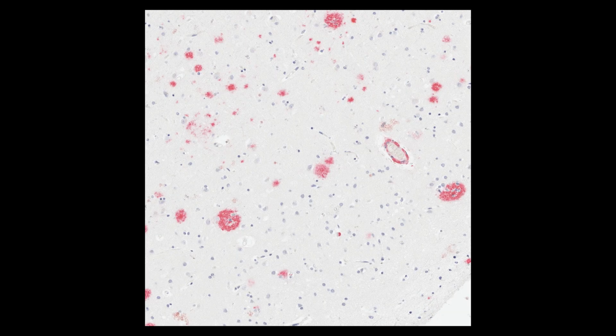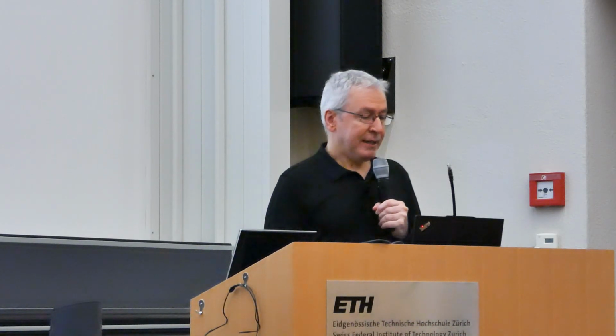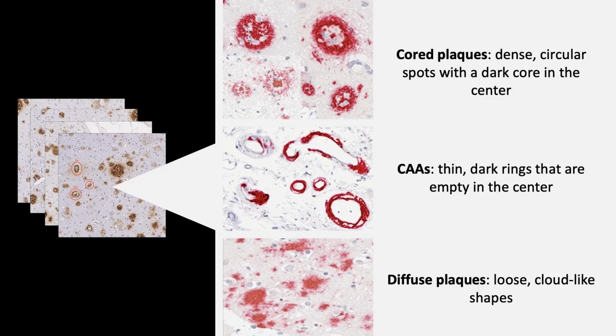deceased Alzheimer's patients. They take a slice of brain tissue from someone who died of Alzheimer's disease, and then they take a very high-resolution microscopic digital image. Then our job is to analyze that image and try to, as citizen science participants, identify very specific kinds of lesions, in particular core plaques, which look kind of like a bullseye with a little dot in the middle.